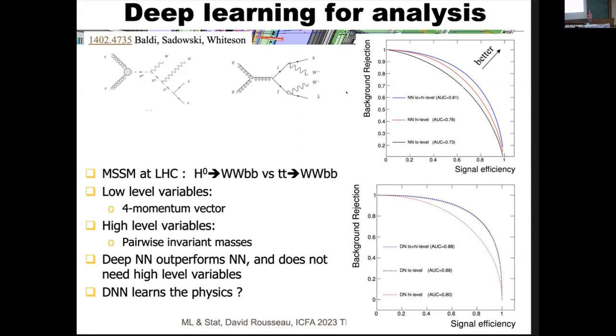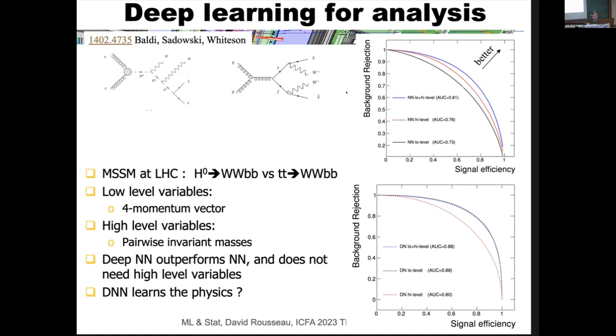So they compare a neural network with one layer, which is really like a BDT, to a deep neural network, which at that time was 3 layers. 3 layers is certainly not considered deep anymore nowadays, but it was considered to be deep then.